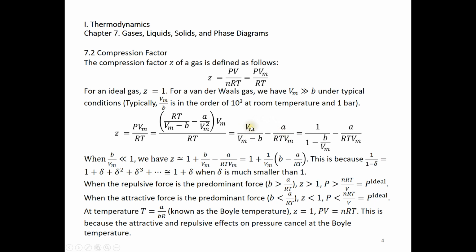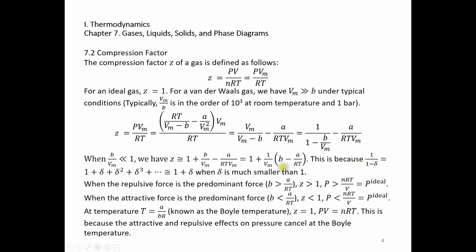And if we divide both top and bottom by molar volume, this becomes 1 over 1 minus B over molar volume, and then subtract A over RT molar volume. Over here, 1 over 1 minus a small number is approximately 1 plus that small number.